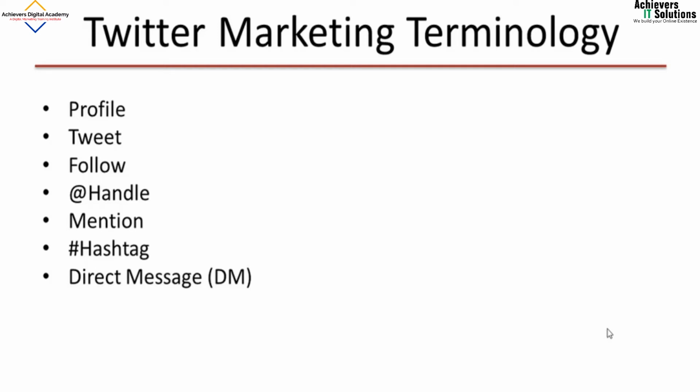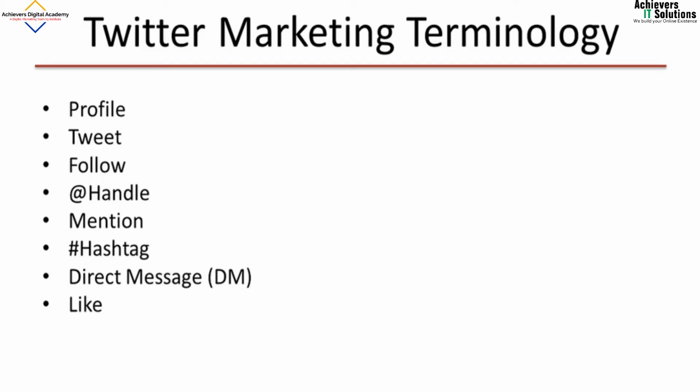For example, if you are following me but I am not following you back, you cannot DM me because I am not following you. You can only DM me once I follow you. This is the default setting on Twitter. Of course, you can change the setting to allow anyone and everyone to DM you, but that's not the default. So that's direct message.